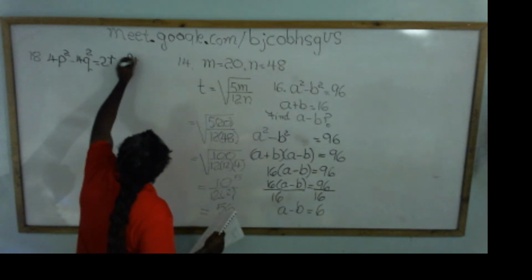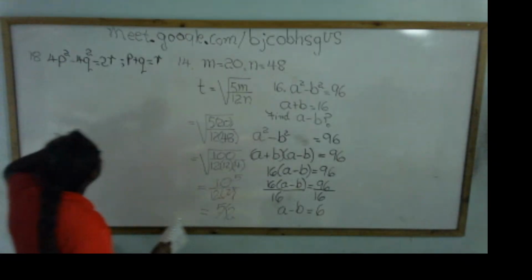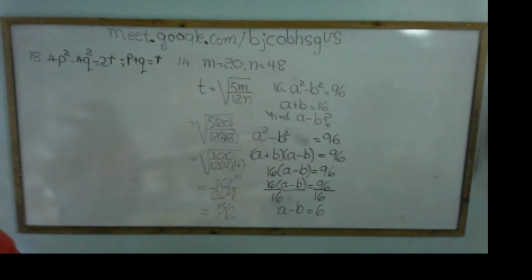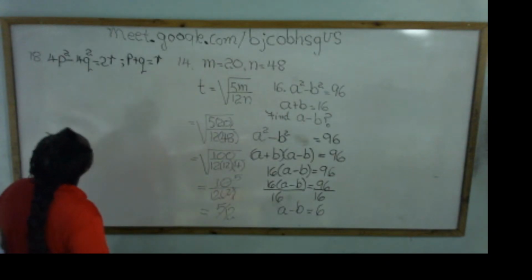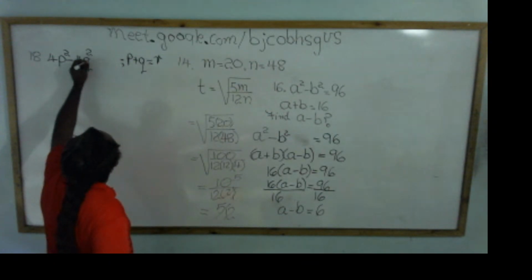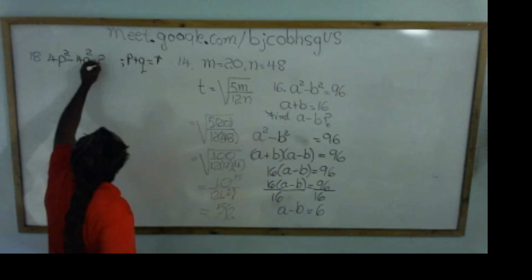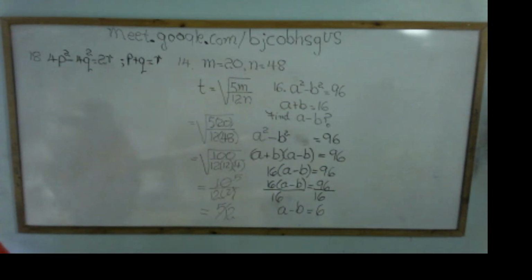Now students, this is 2r. Let me make it look more like a 2. 2r, right. P plus q is equal to r. And they want us to show that. I'm going to write it out then.